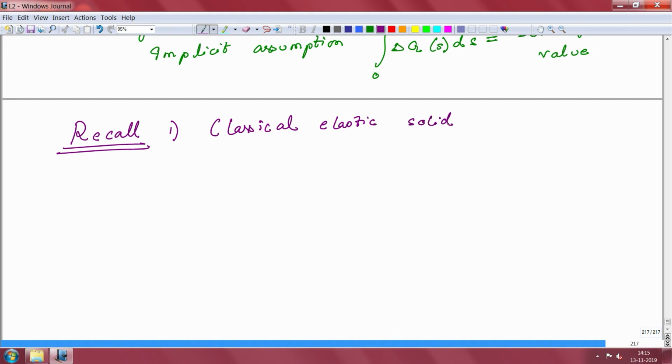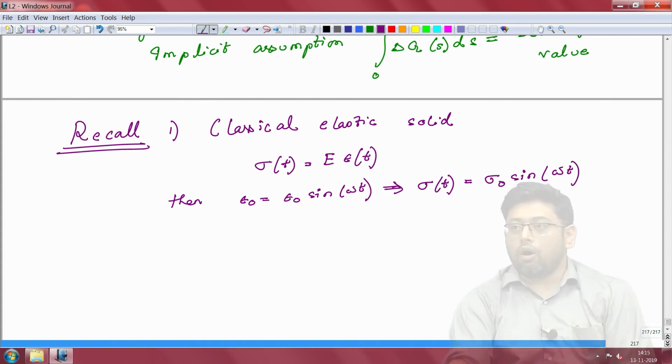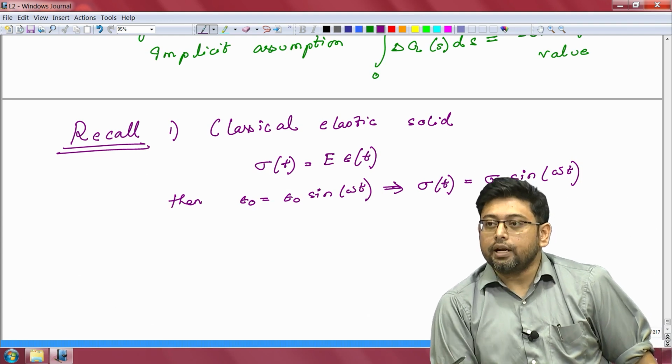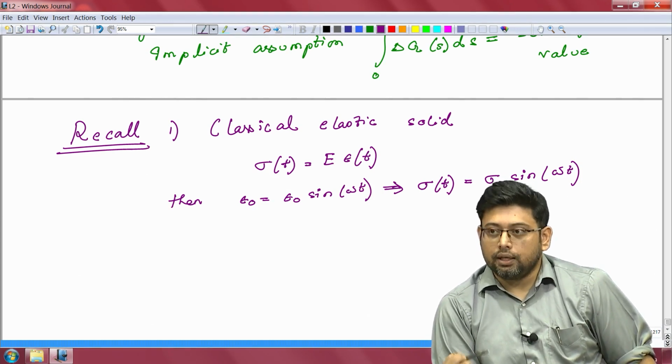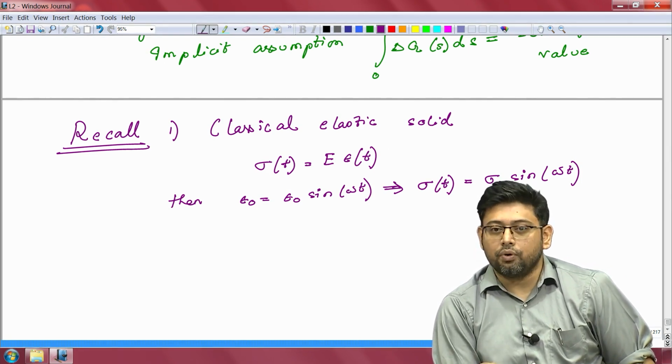We had said that the stress-strain relationship is given by this very straightforward relationship, and this implies that when you have a time varying strain, sigma naught times sine of omega t, for a classical elastic solid, a sinusoidal strain history gives an output stress which is also a sine function, exactly in phase with the input.